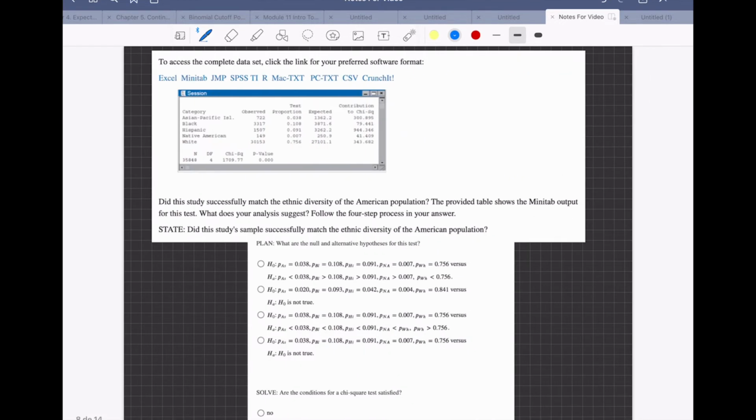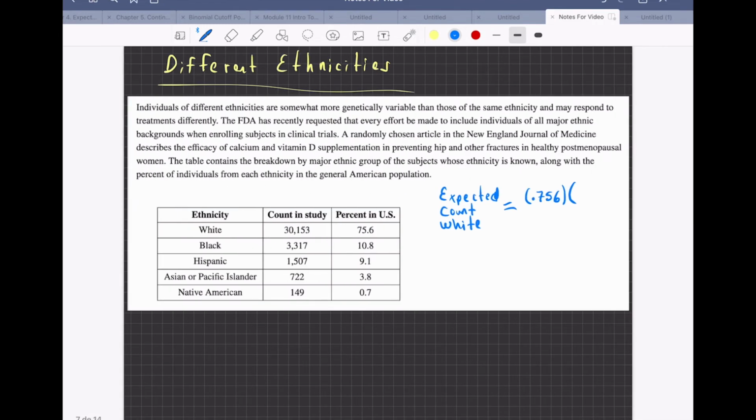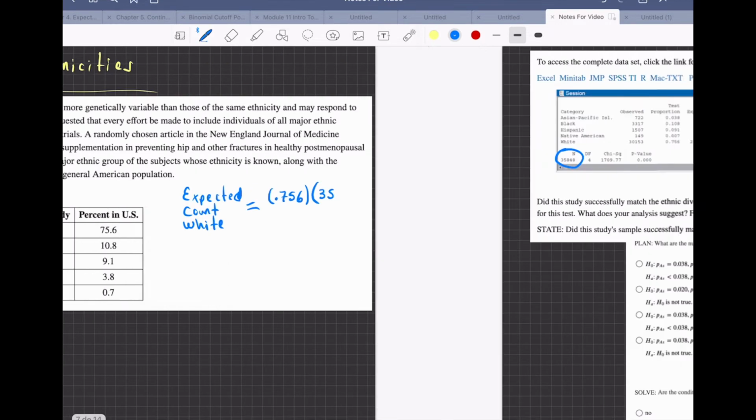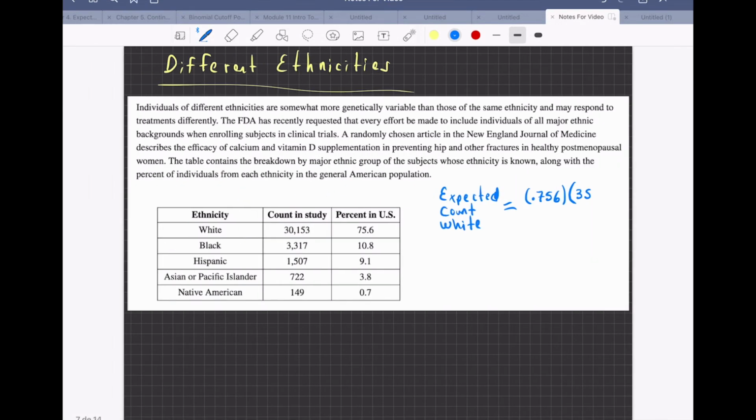The total in the sample is this value of n, you see it? This one here, 35,848. So if you multiply this by 35,848, you are supposed to get the expected count.